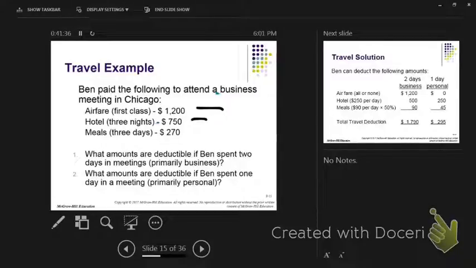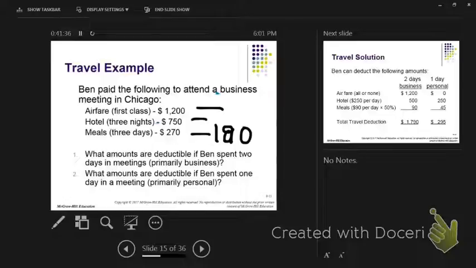The only time that you can deduct the full price of a meal is when it's considered entertainment of a client. And you do need to be very careful of that one, all right? They've gotten a lot stricter with entertainment of a client. So if you were primarily for business, you got $1,200, $750, and then actually what I wrote on this, it should be 180. So you have 3 nights and you get half of it, 180.